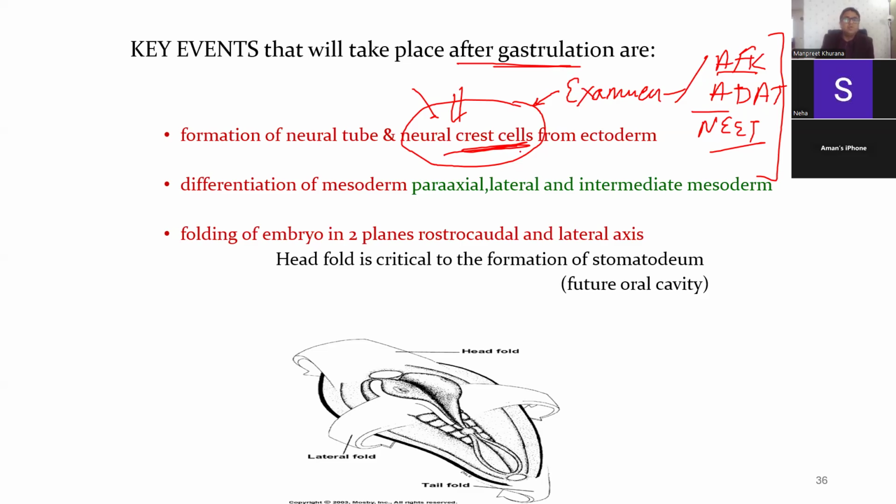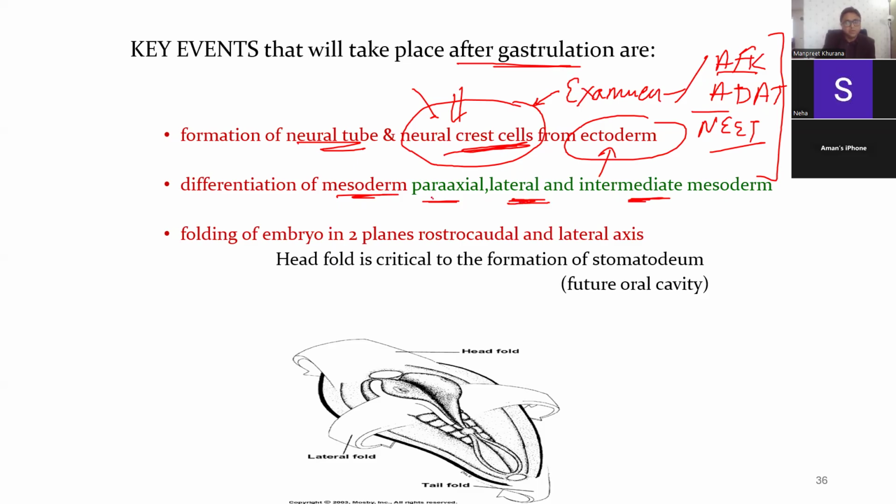But we should know what these neural crest cells are, right? So formation of neural tube and neural crest cells from the ectoderm. So technically, they are formed from the ectoderm, okay? Now the mesoderm, which we were seeing, divides into three parts: paraxial, lateral, and intermediate.